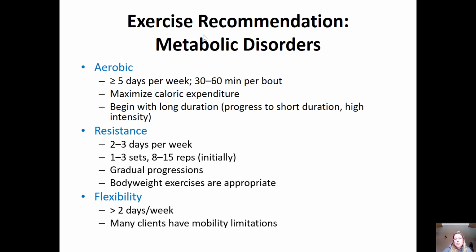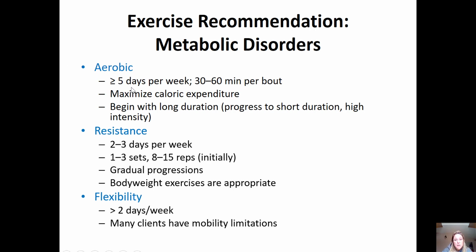So here are the general exercise recommendations for all of these metabolic disorders together. Like I said at the beginning of my presentation, it's unrealistic to memorize it for each one, but if you see some similarities between all of them, that's what you want to try to memorize. So for all of your metabolic conditions, diabetes, hyperlipidemia, metabolic disorder, and overweight or obese, the general guidelines for aerobic exercise is at least 5 or more days a week.